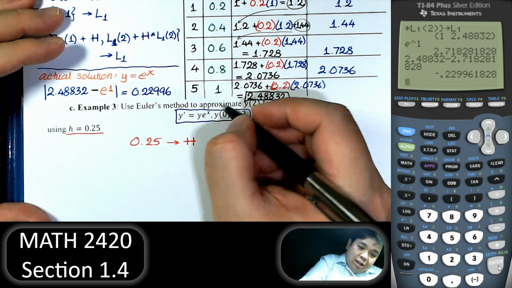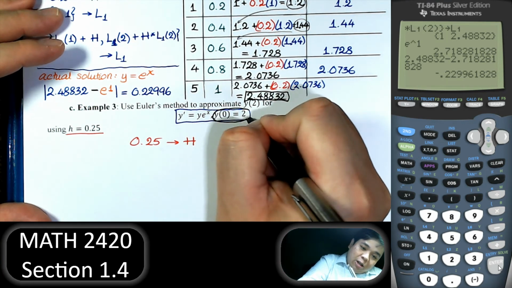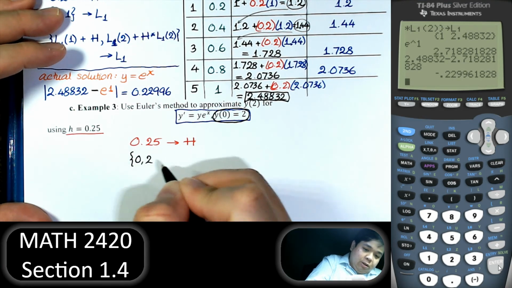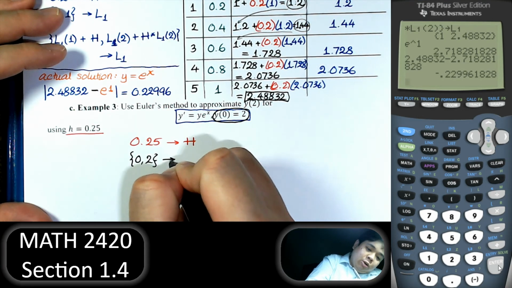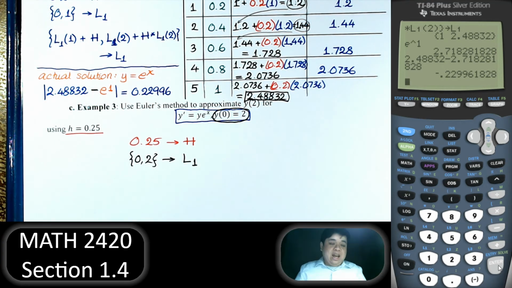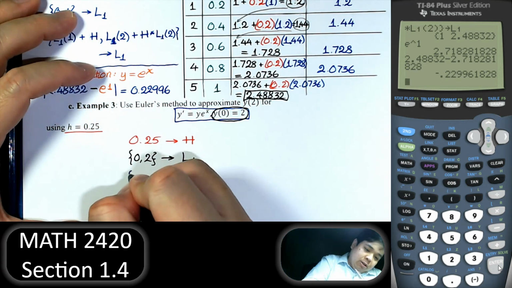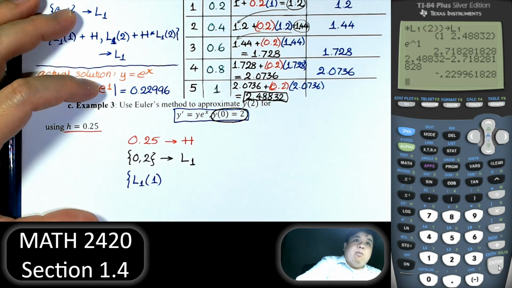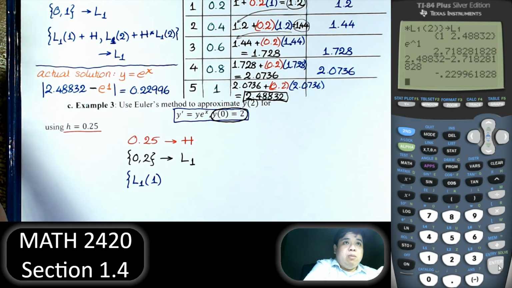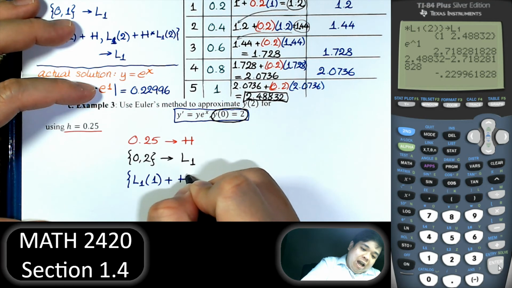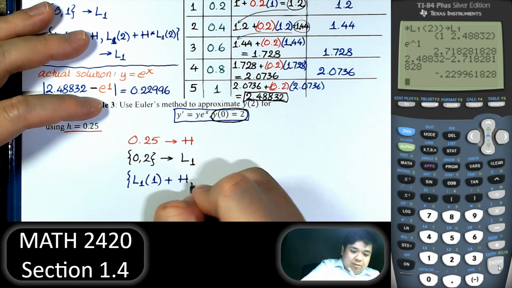Then next, the initial condition 0 and 2. Store into L1. And next we just update L1. L1 updated means the first component of the list, the x values, will be updated by adding the step size.